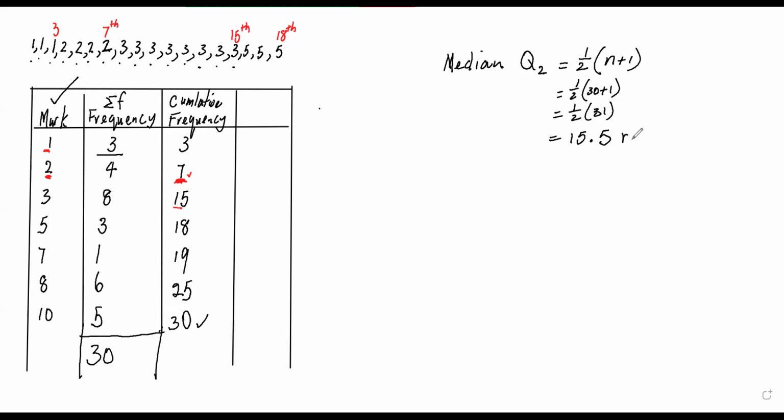But this is a rank. All these numbers here are ranks. So the first rank is 1. The third rank is 1.